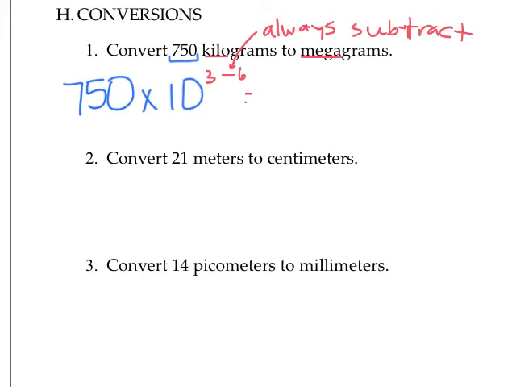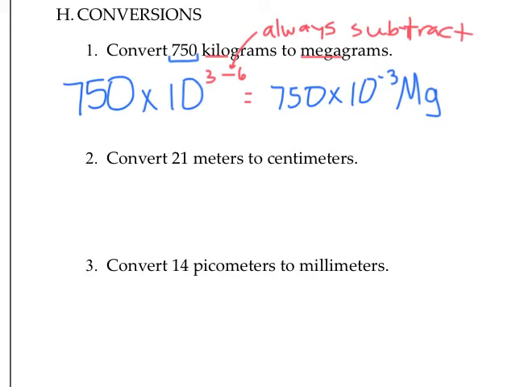Okay, so that's going to leave us with 750 times 10 to the, and then 3 minus 6 gives us -3, and then we would have megagrams as our answer. And I understand that this isn't correct scientific notation. You're welcome at this point to move your decimal over and change your exponent as needed.